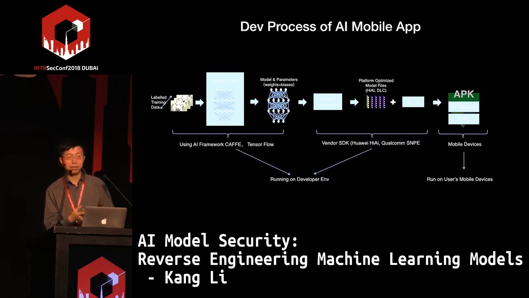Let's say you lift a model from a Qualcomm phone, using Qualcomm's SNPE model. You can either use the model directly on a similar type of phone, or you have to translate it back.